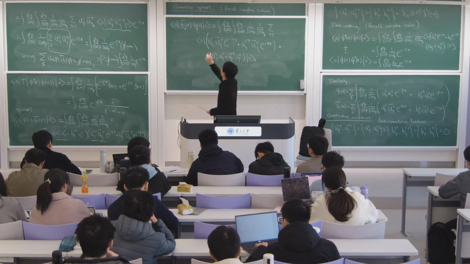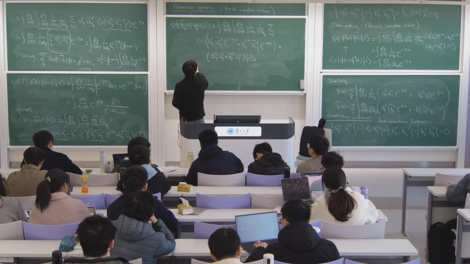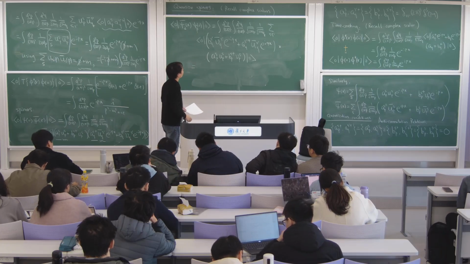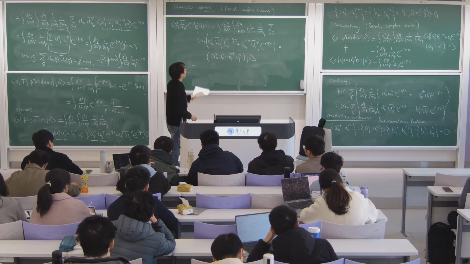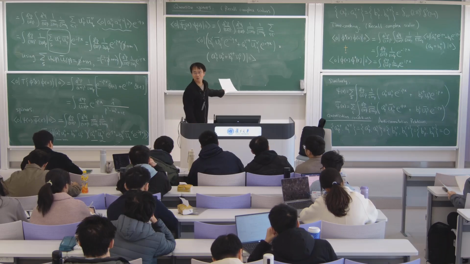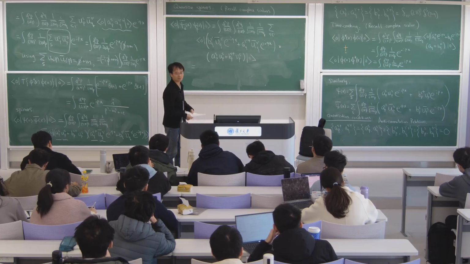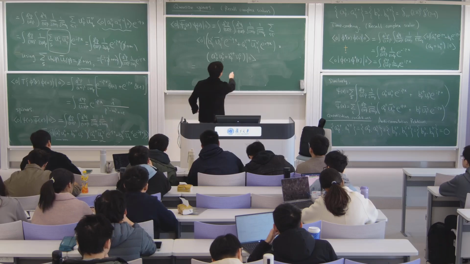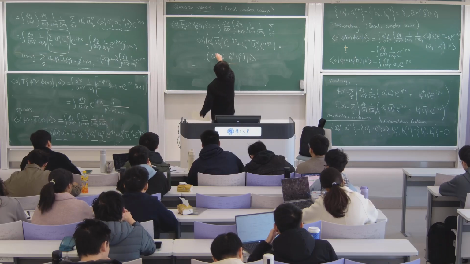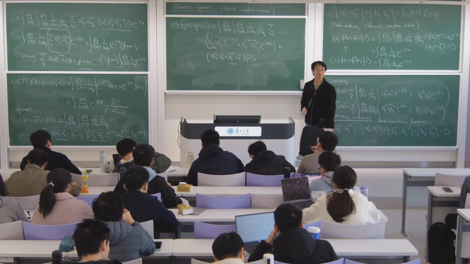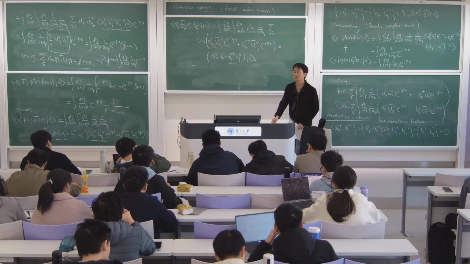Just plug in again the operator definition for this spinor field. This is what you get. Now you count. What are the non-trivial terms? Only this one, right? You see, only this is non-trivial. These two terms are non-trivial.